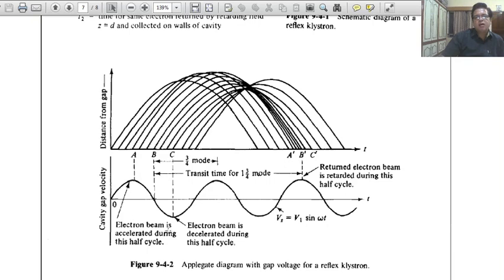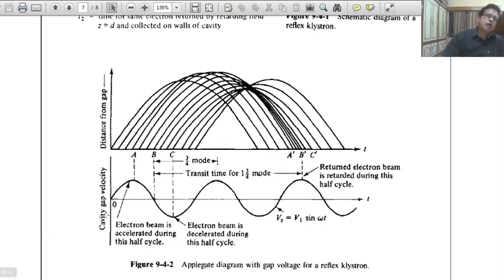In this cycle ABC, the electron beam is accelerated during this half cycle, and in this half cycle the electron beam is decelerated. Half portion of this positive cycle the electron is accelerated, and half portion of this negative potential it is decelerated. These points A, B, C are shown here.